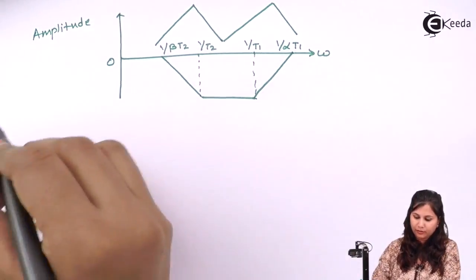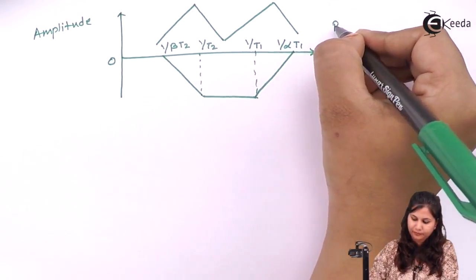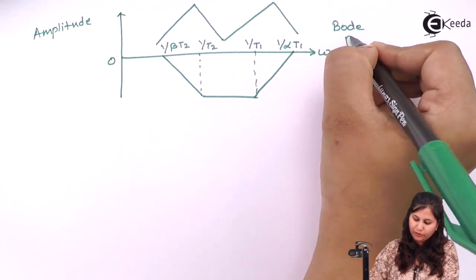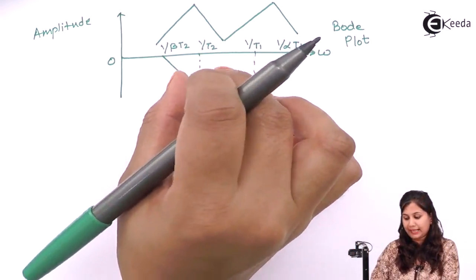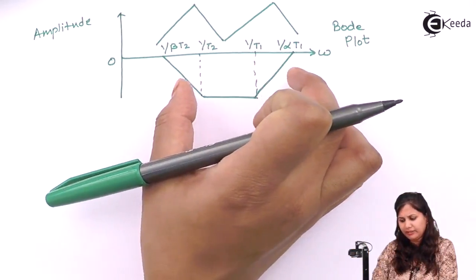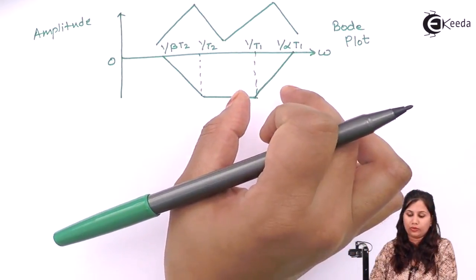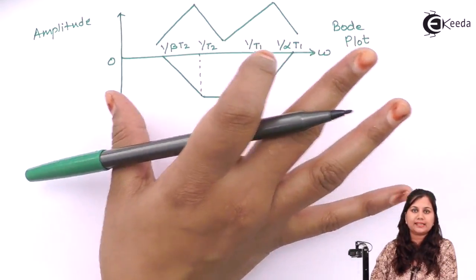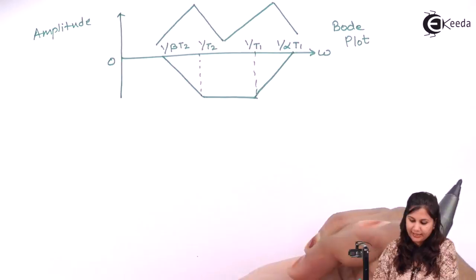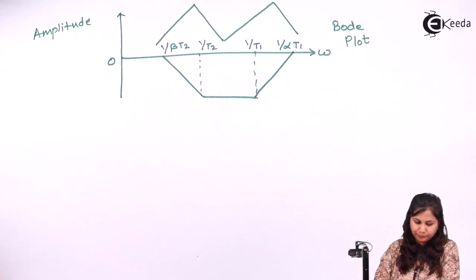So this is the Bode plot of the system. Through this Bode plot you can see that this phase lag lead network is allowing only a band of frequencies, so it can be used as a band pass filter.